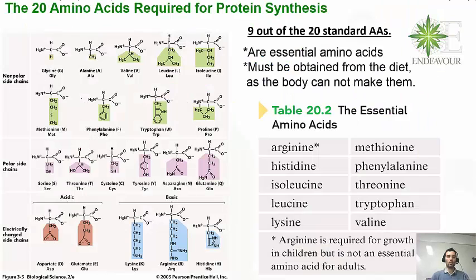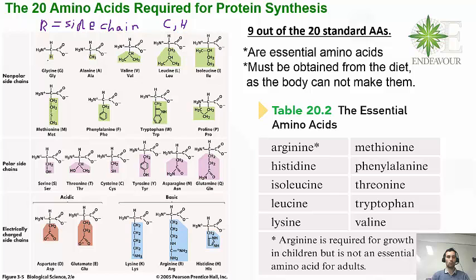Alright, so on the left-hand side here, we can see the amino acids grouped into these different categories that we've defined. So the nonpolar amino acids are those that have side chains. Remember, this is our R group, the side chain. And that side chain, if it's nonpolar, is going to be made up of exclusively carbons and hydrogens.